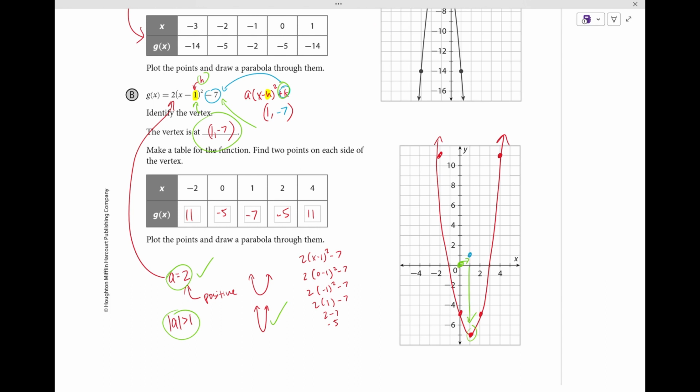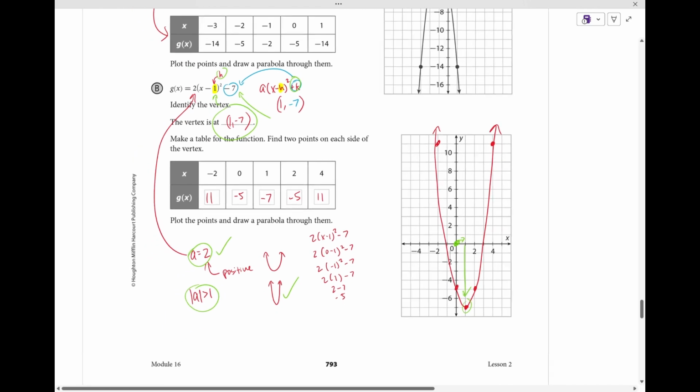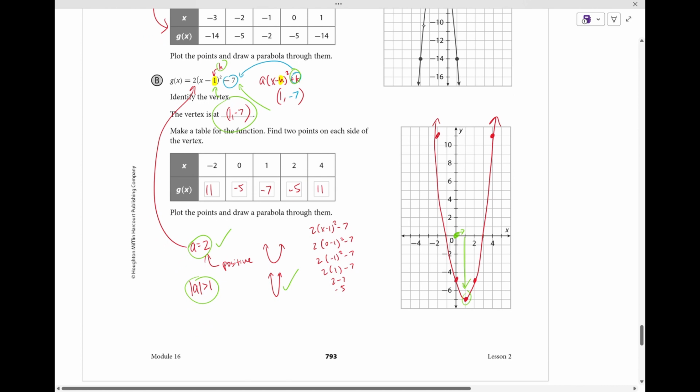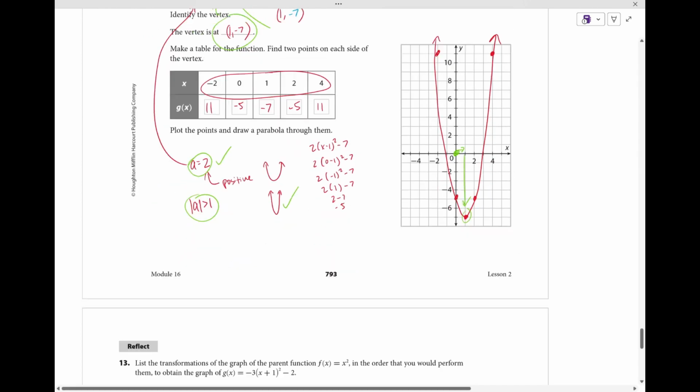The point (1, 1) on the parent function goes right 1, goes down. If it went down 7, it would go here. But since it's going to be stretched, it's going to be a little bit different. So you just focus on the vertex first and translate that. But when in doubt, just plug in a bunch of points and graph it that way.